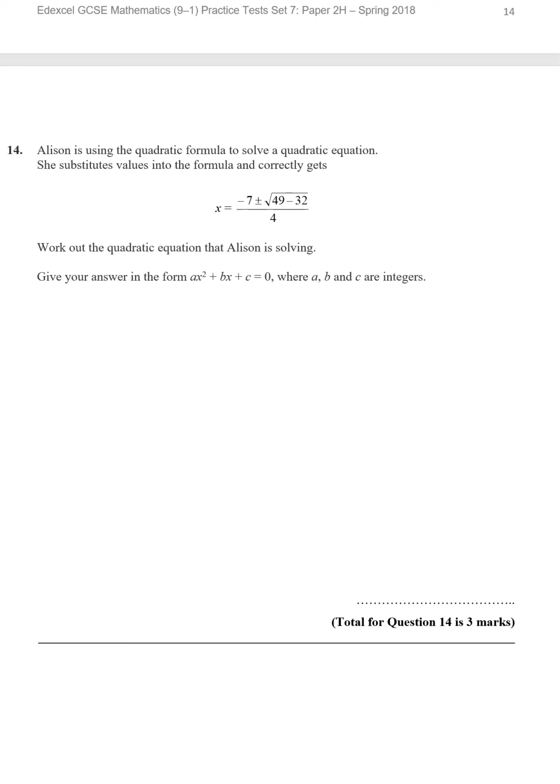Well, A is easy because the bottom of the quadratic formula is 2A, so A must be 2. B, well, it's minus B plus or minus, so B is 7.